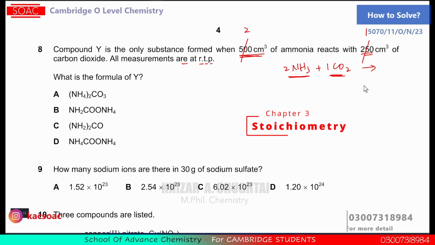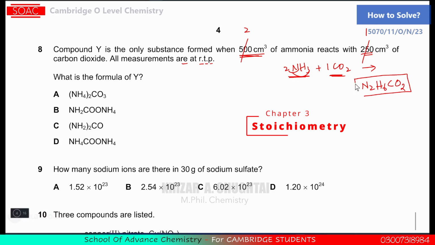Then the compound should have 2 nitrogen, 6 hydrogen, 1 carbon and 2 oxygen. So it will be the expected formula. This is the shortcut to solve this question. I'm going to take the simplest ratio of these volumes and suppose them as moles.